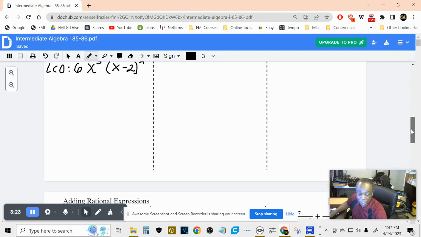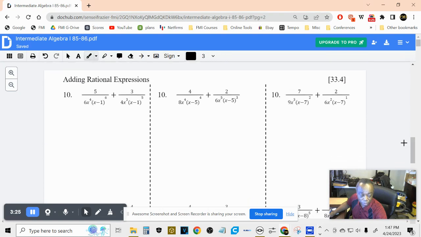Okay, let's see if we can do some more. Okay, so the LCD here. Now we have a 6 and a 4. If I go through some of my 6 times tables, I have 6, 12, and 18. And the first number that matches the 4 times tables is 12. So we'll use 12 for the LCD. Now I have x to the 4th here and x to the 3rd there.